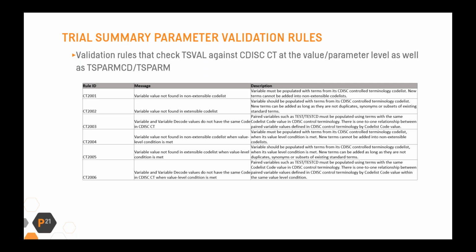Also CT2002, that a variable value wouldn't be found in an extensible code list. CT2003 checks that paired variables like test and test code, or in this case, TSPARM and TSPARMCD, share the same values as in CDISC controlled terminology. And then CT2004, 5, and 6, these are actually checking controlled terminology at the value level.